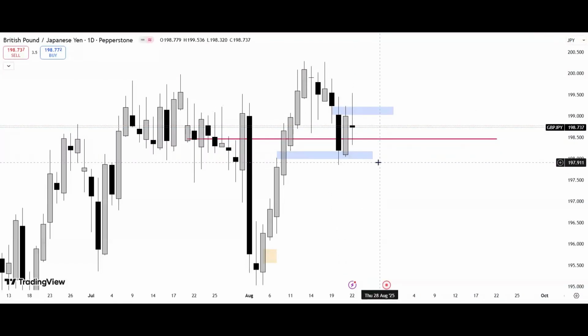So GBPJPY, I'm going to watch the yen basket. If we invert the weekly fair value gap and get bullish price action with the yen basket, then I'm expecting that GBPJPY will be giving us a bearish move.